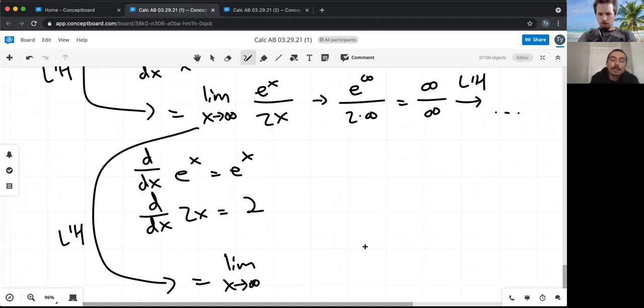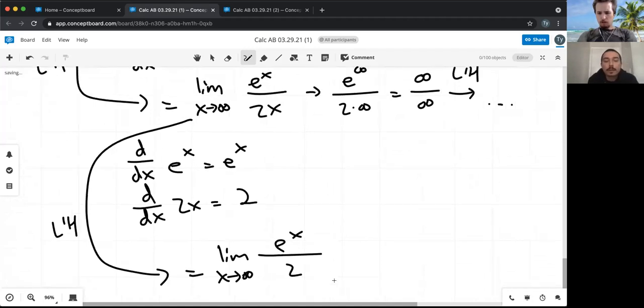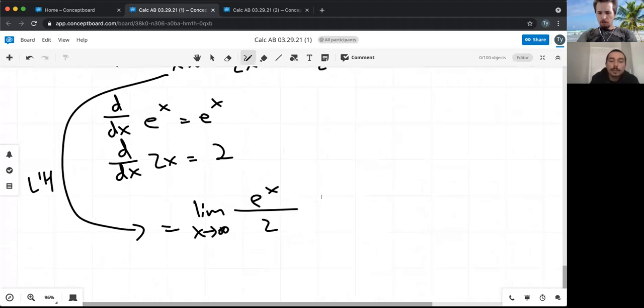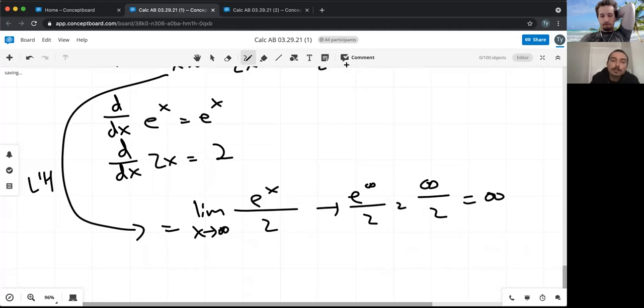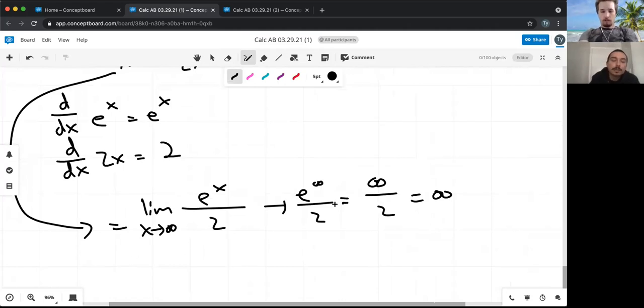The limit as x approaches infinity of e to the x divided by 2. And finally, when you plug this in, you get e to the infinity over 2, which is like infinity. Okay, so this limit does not exist. It goes to infinity.